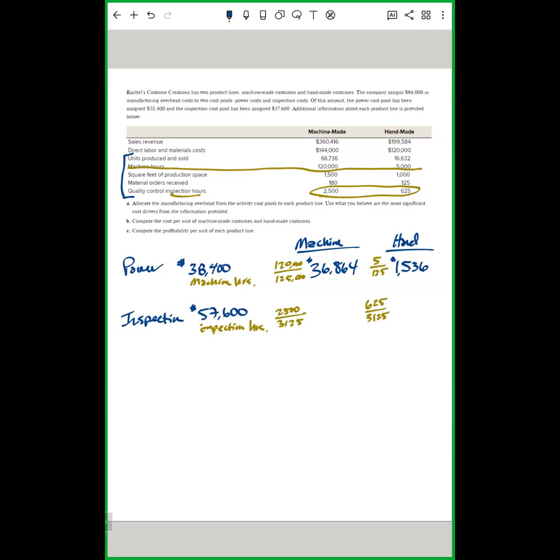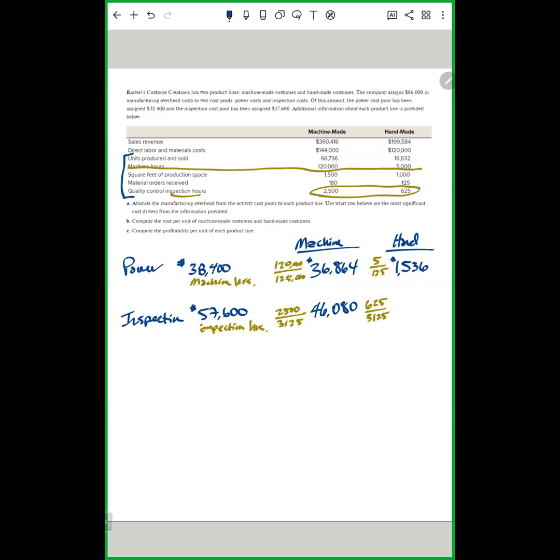And then 57,600 times 2,500 divided by 3,125 gets me $46,080.